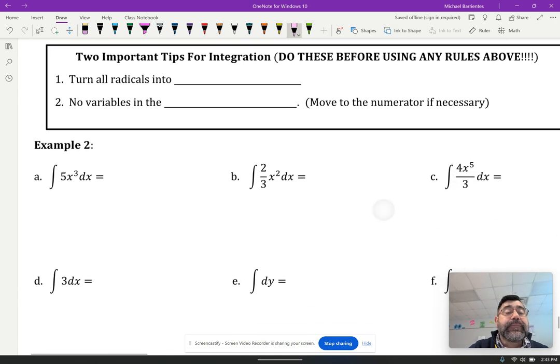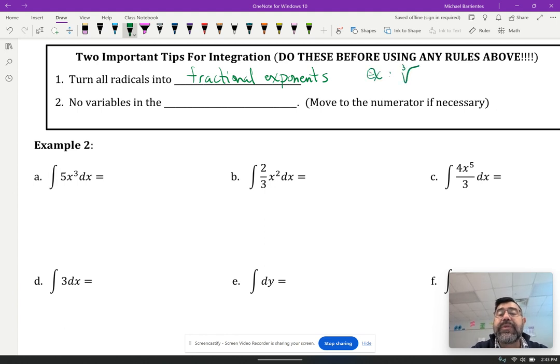Okay, a couple of things to remember. Before you do the rules, turn any radicals into fractional exponents. Remember how the cube root of x to the second is the same thing as x to the 2/3 power.